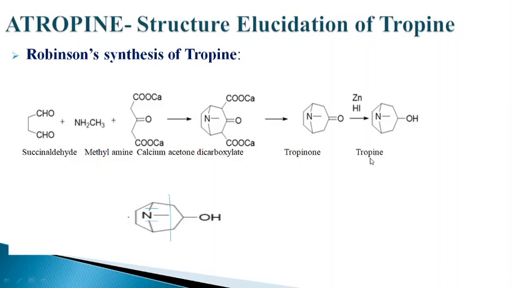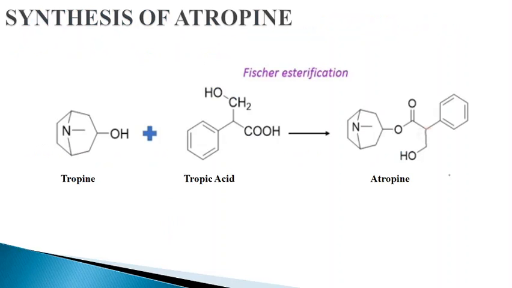So this is the Robinson synthesis, a simple synthesis yielding our product. So the structure of tropine is confirmed by this synthesis. Our last step is the synthesis of atropine. Atropine is an ester, the tropine ester of tropic acid.